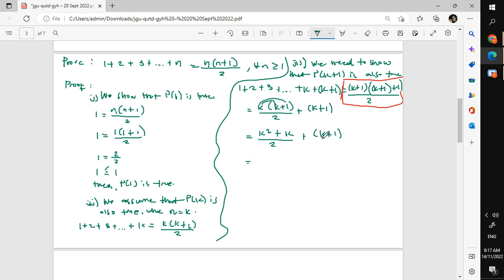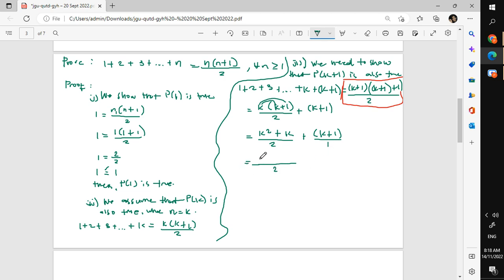Now take note, we will treat this one as a whole number. When it is a whole number, the denominator will always be 1. We will get the least common denominator, the smallest number which is divisible by positive 2 and positive 1. So that is positive 2 as well. 2 is divisible by 2 and 2 is divisible by 1.